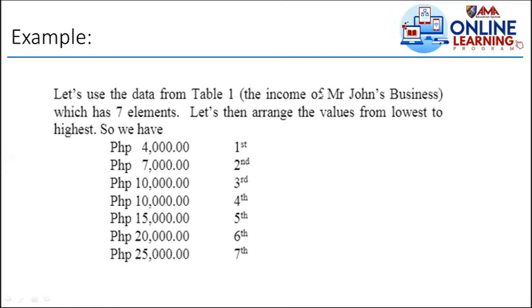The income of Mr. John's business, which has 7 elements. Let's arrange the values from lowest to highest. So we have 4,000 up to 25,000. Then we rank them accordingly: 1st, 2nd, 3rd, 4th, 5th, 6th, and 7th. So we have 7 elements.